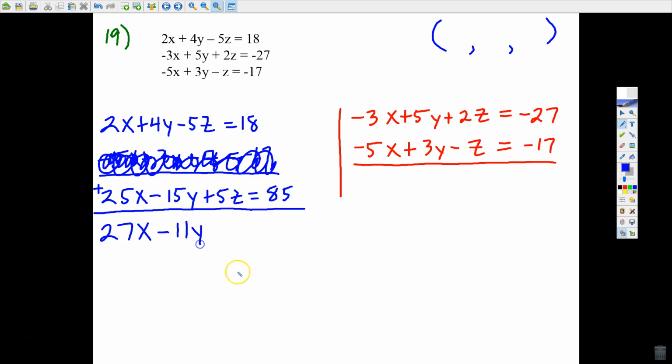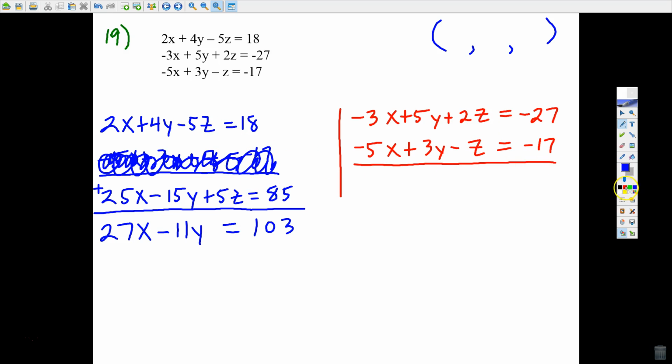You might have set it up differently. The z's cancel. And when I do 18 plus 85, 103. Okay, everybody good?